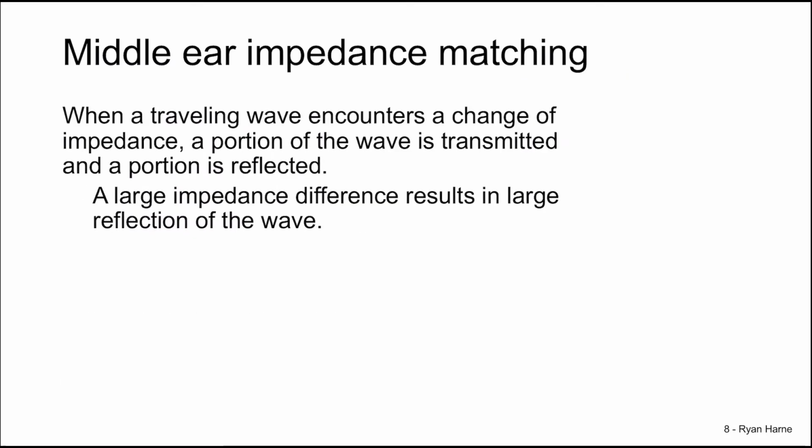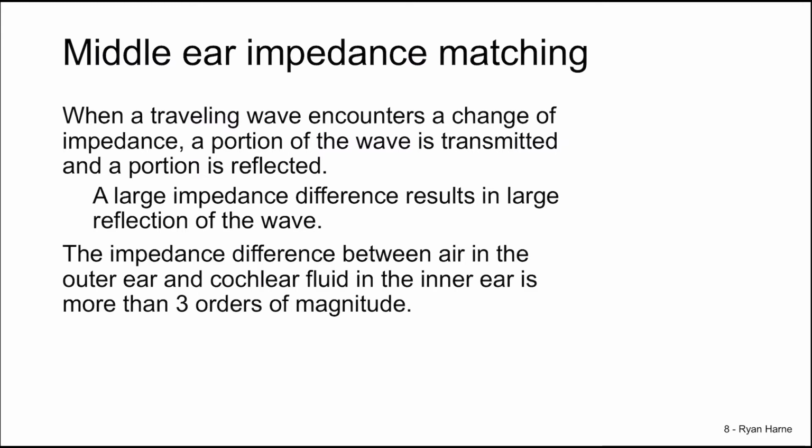The middle ear provides essential impedance matching phenomena because when a wave encounters a change of impedance, for instance, air to a rigid boundary, a portion of the wave is transmitted and a portion is reflected. But when the impedance difference is very large, most of that energy is reflected, like the example between the open air and the eardrum itself, which is a stiff membrane.